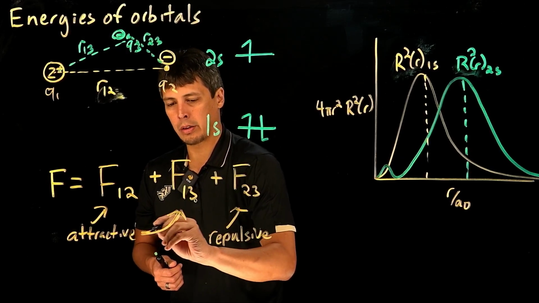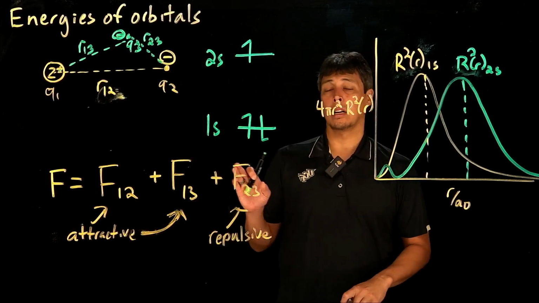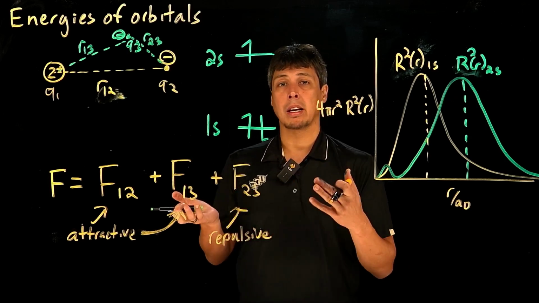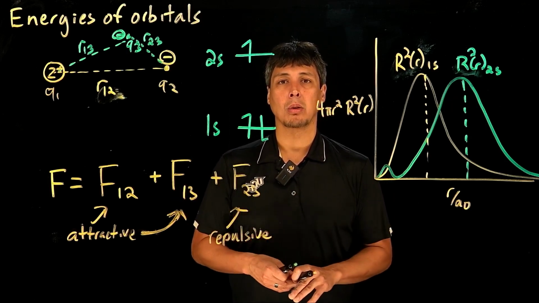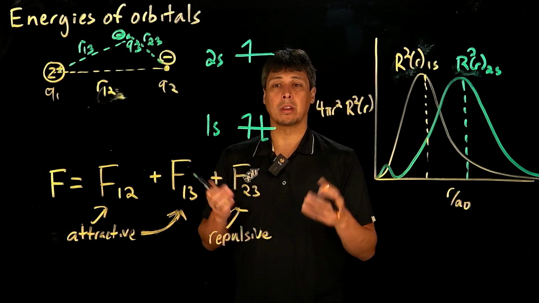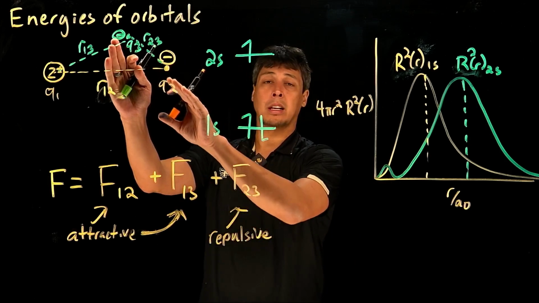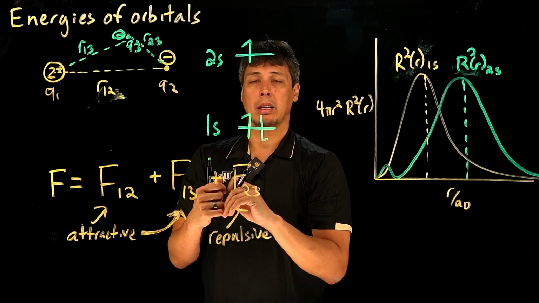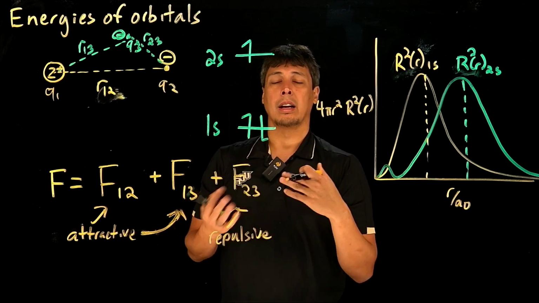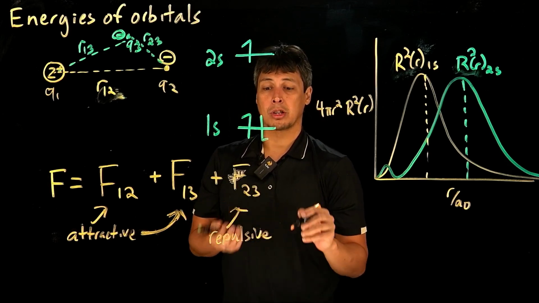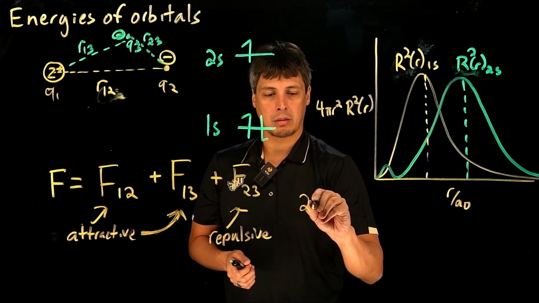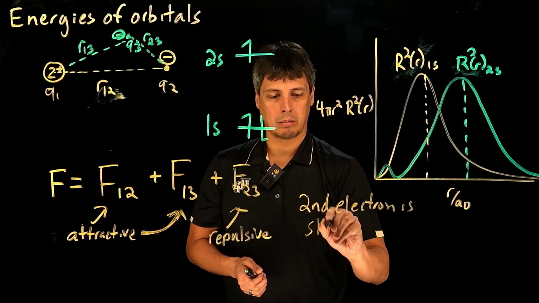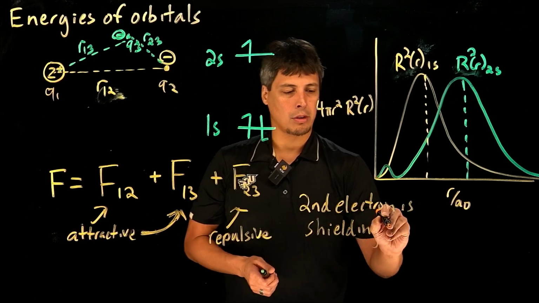So the overall interaction between the nucleus and any given electron is going to be less than it would be in isolation, if that electron was the only thing within the atom. Because now the second electron is repelling the first electron, and therefore it's doing what we call shielding. So the second electron is shielding the first electron.